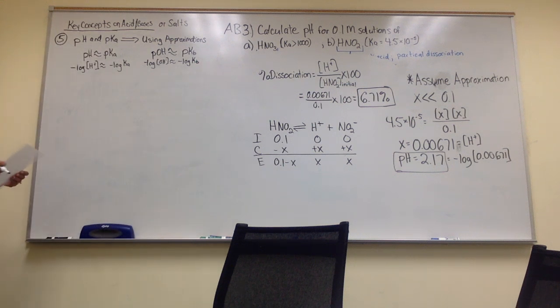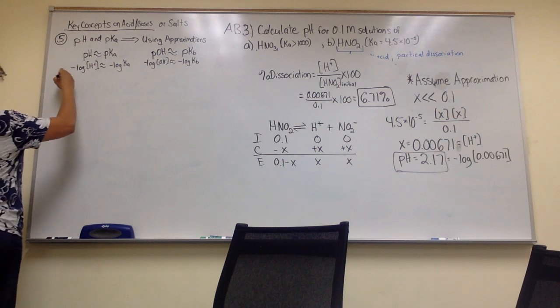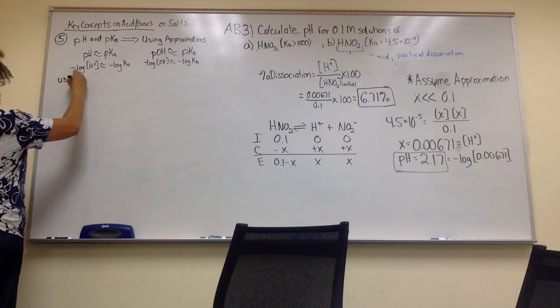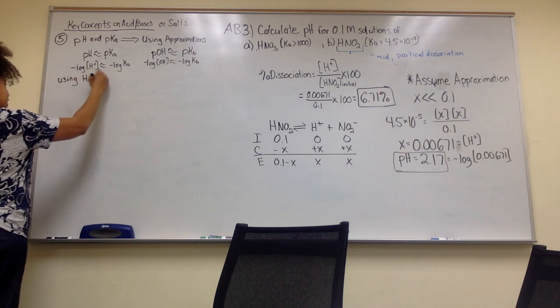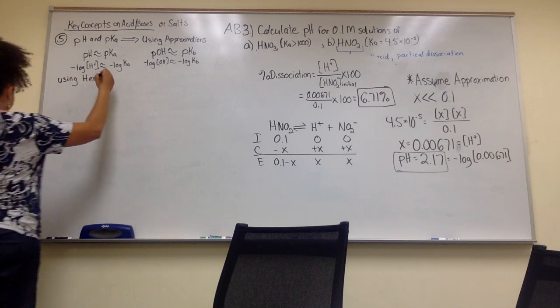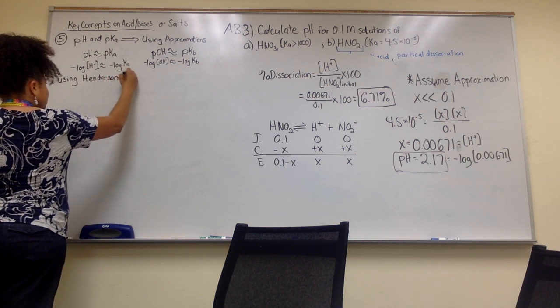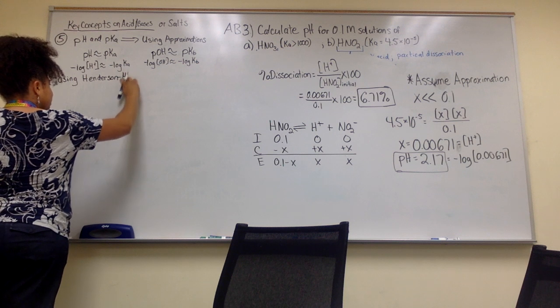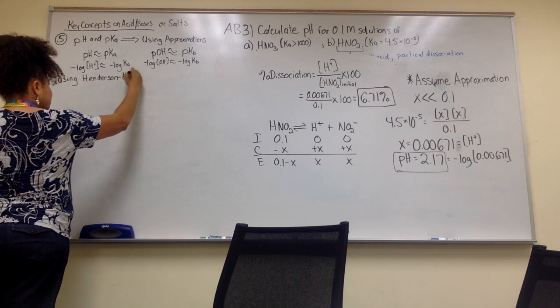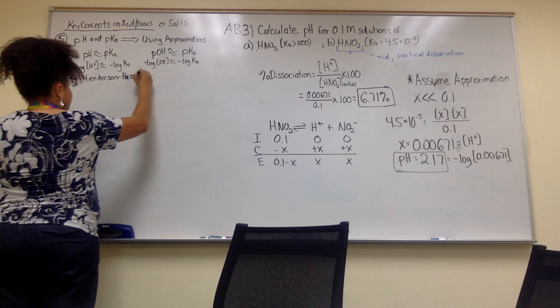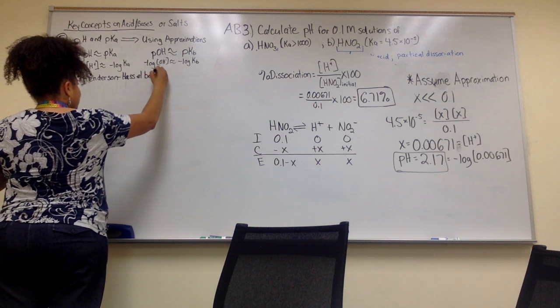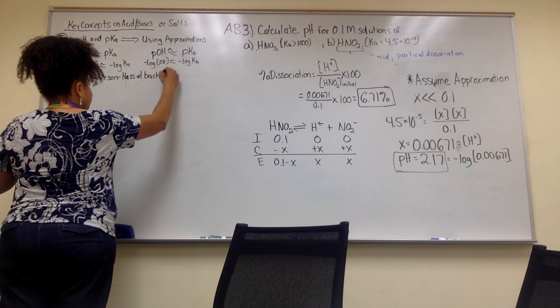Well, we haven't talked about this thing called the Henderson-Hasselbalch equation, but I'm going to introduce it to you now. So we can make these assumptions because we're using the Henderson-Hasselbalch equation.